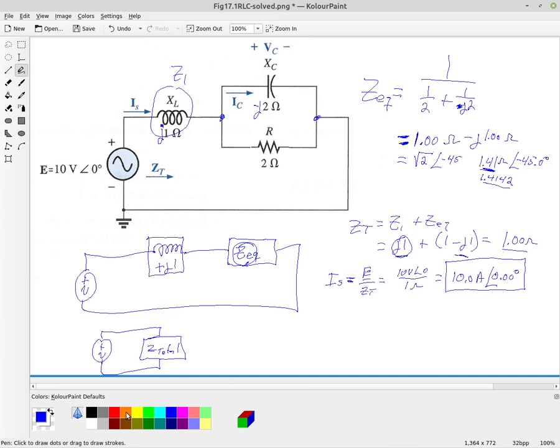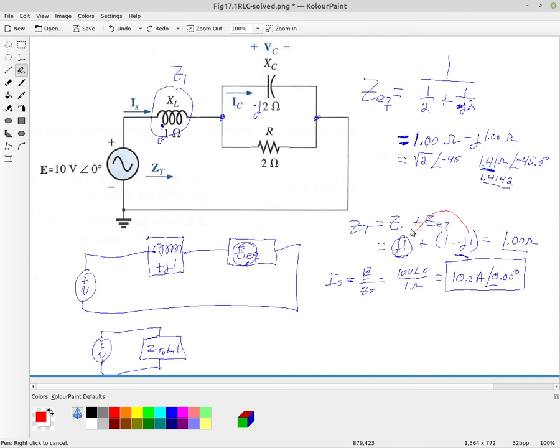Now, I want to just take a minute out here and discuss this. So what's happening here, let's return back up here. We had this impedance, which was plus J1 ohm, and the equivalent of that capacitor piece was minus J1 ohm.